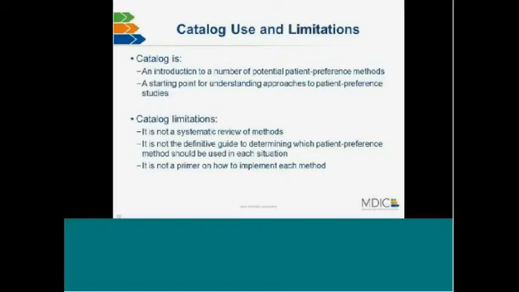So this is a reference document, not a cookbook. We also don't go very deep into exactly how each method needs to be implemented. We've tried to provide a lot of empirical references and guidance as to where you can go to find more information, but this is not a textbook. It may not be the best bedtime reading, but it is also not a textbook.